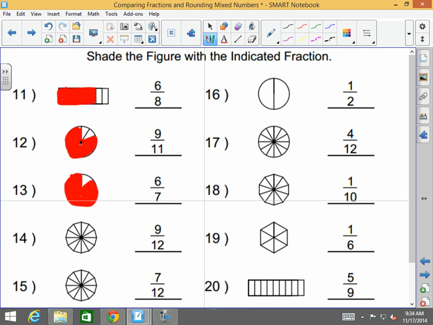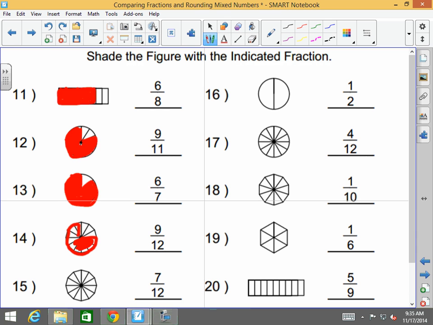Number 14, 9 out of 12. So I'm going to be shading here 1, 2, oh, let me go back there. 3, 4, 5, 6, 7, 8, 9. 9 out of 12.